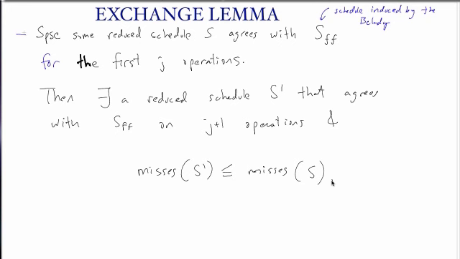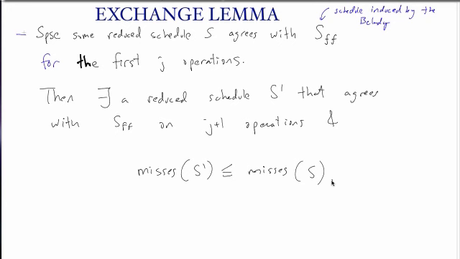Here, we're being slightly more subtle. We're saying, if we have some reduced schedule that agrees with the farthest in future for the first j operations, then there exists another reduced schedule that agrees for j plus 1 operations and has the same or fewer misses.